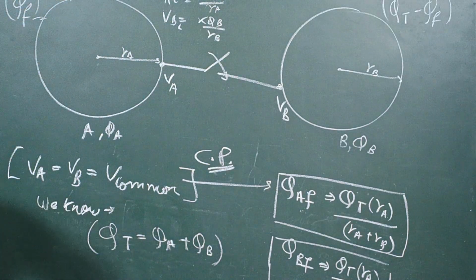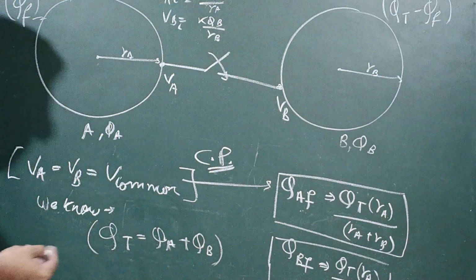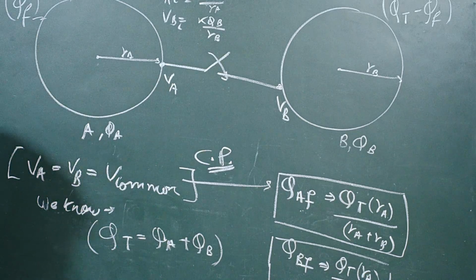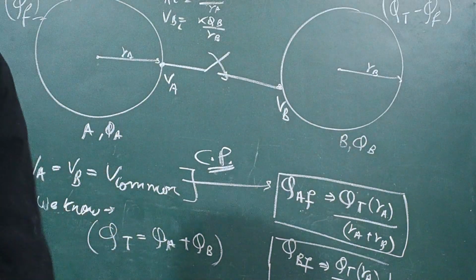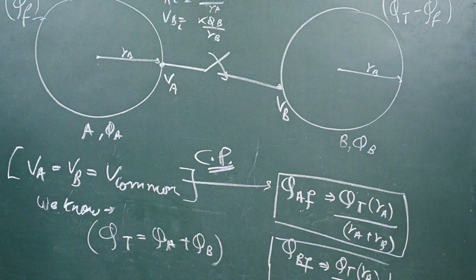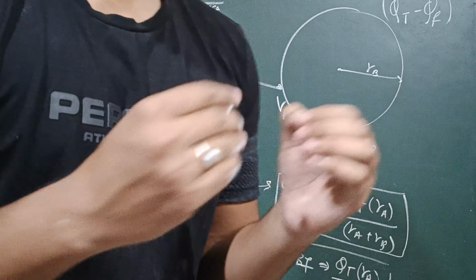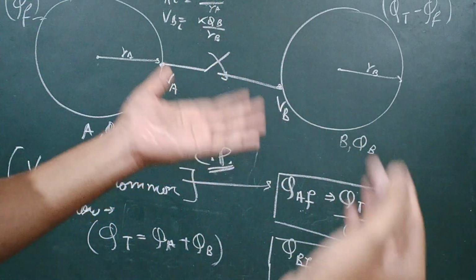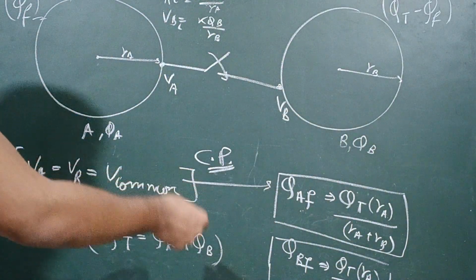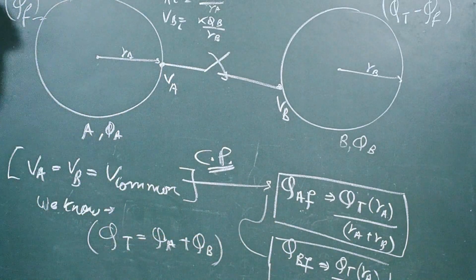So let me write just a special case here. You have studied this in your previous chapter, that is electrostatics, that if we connect two identical bodies together, the charges distribute by a factor of half. And that's what these equations will prove here.